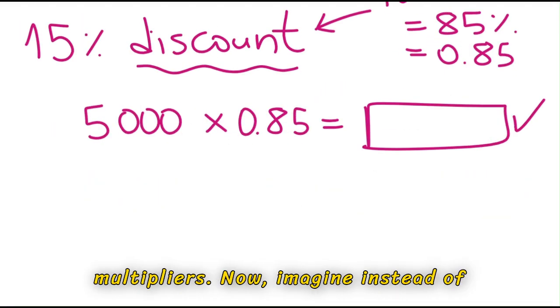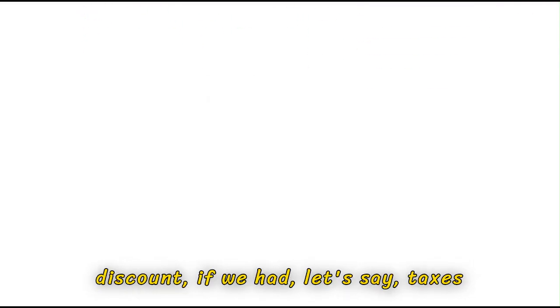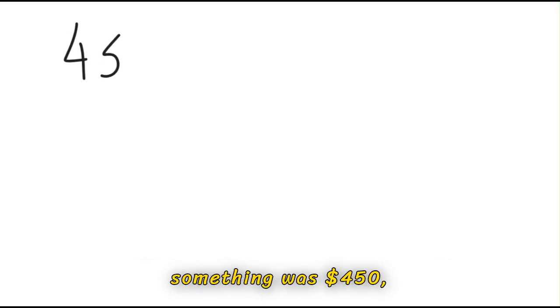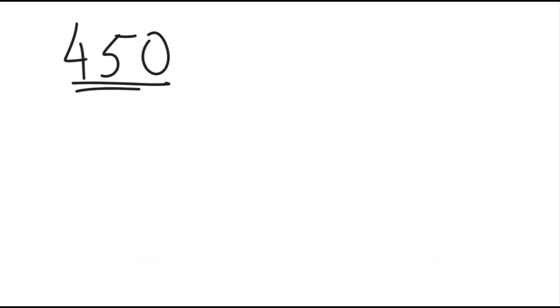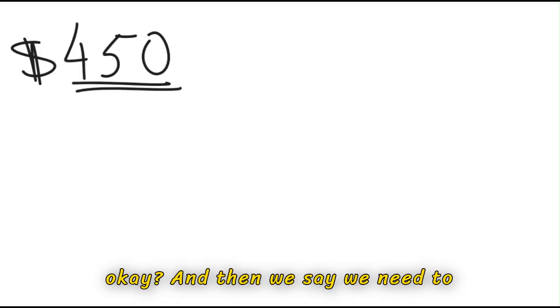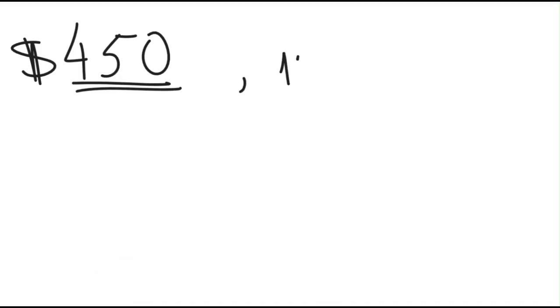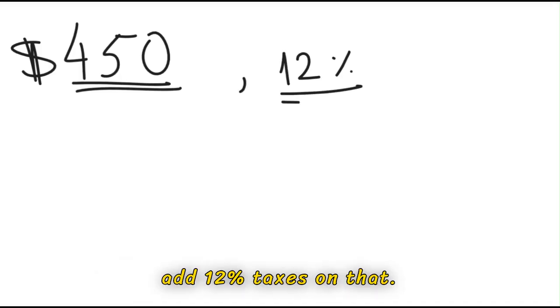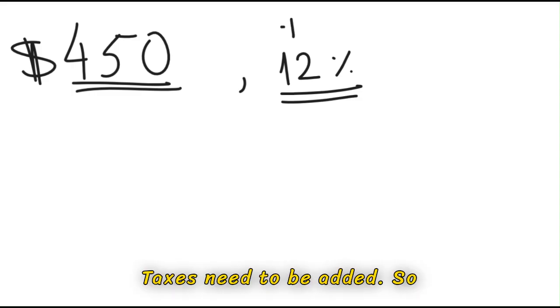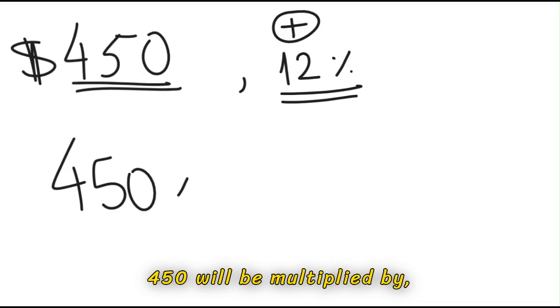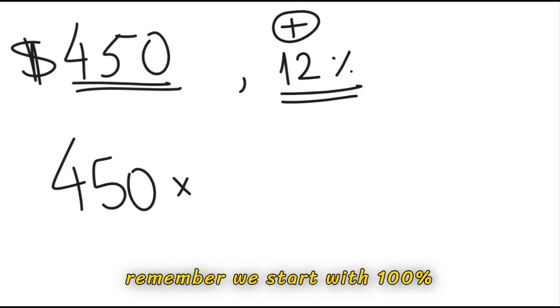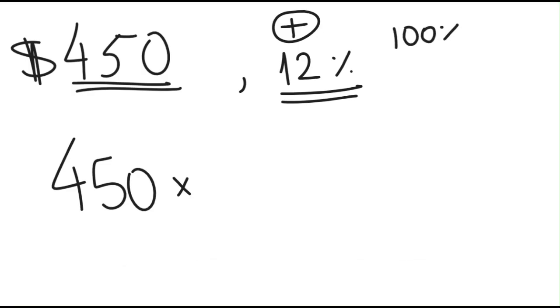Now imagine instead of discount, if we had, let's say, taxes added to the price. The price of something was $450, okay? And then we say we need to add 12% taxes on that. Taxes need to be added. So 450 will be multiplied by, remember, we start with 100%.